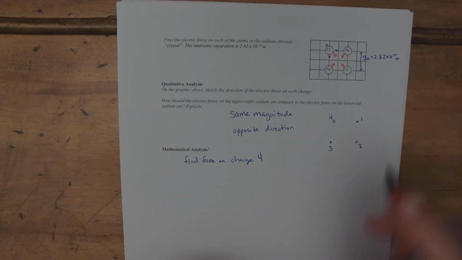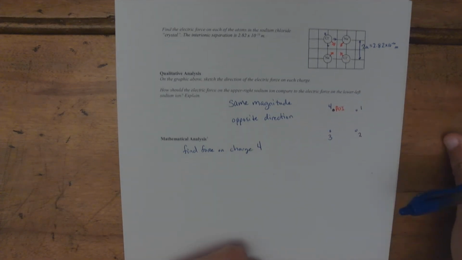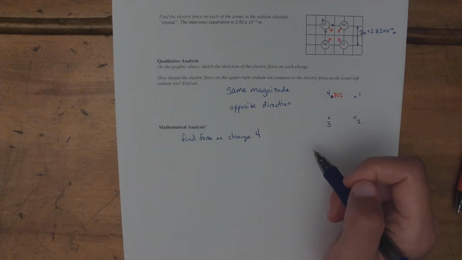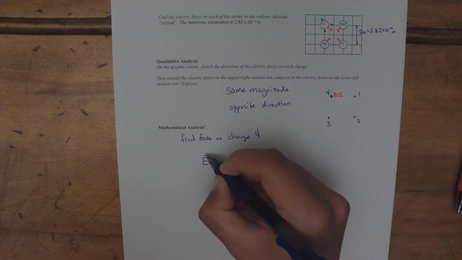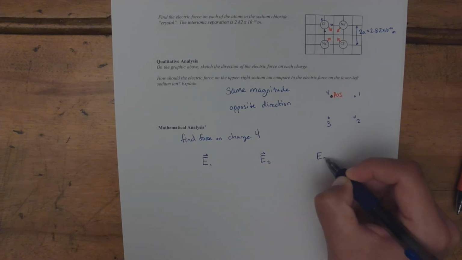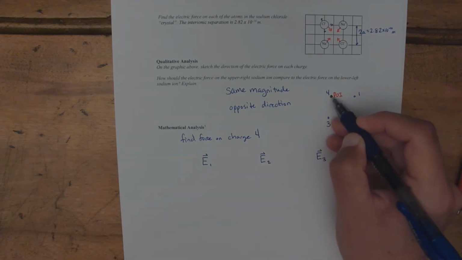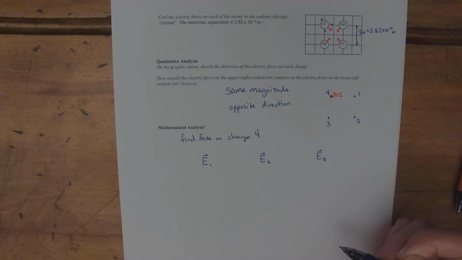So when I do that, this will be my point of interest, and I want to find the field from the other three charges. So I'm going to call this E1, E2, and E3, and that's the field at this point from charge 1, the field at this point from charge 2, and the field at this point from charge 3.